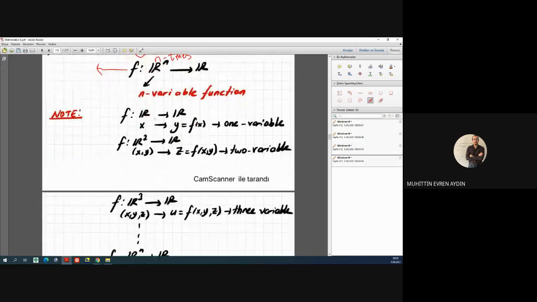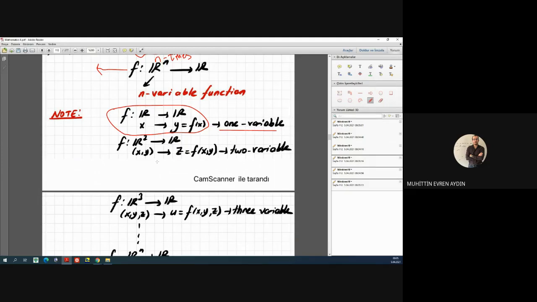Okay, some examples. Here is the usual one, the one you know already. One variable functions. You have knowledge about one variable functions. You know how to take limits, how to take derivatives, how to determine continuity, how to take integrals. You know almost everything about one variable functions.